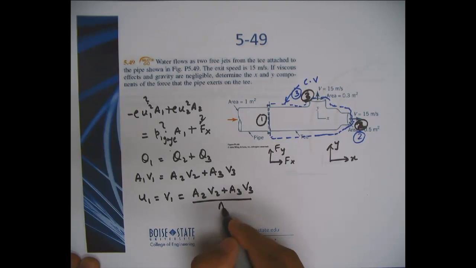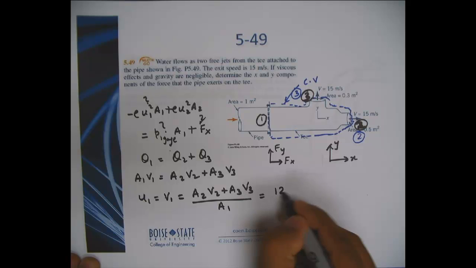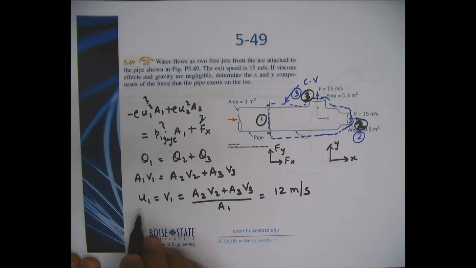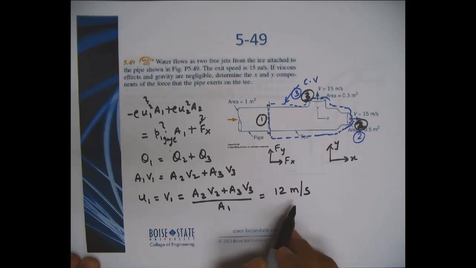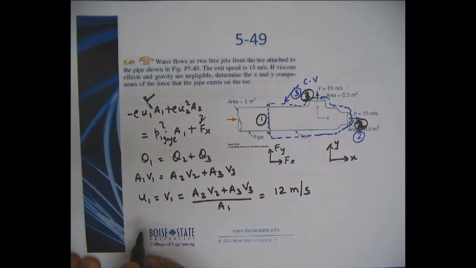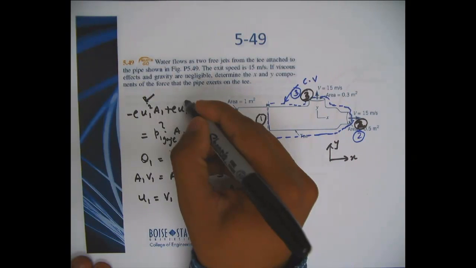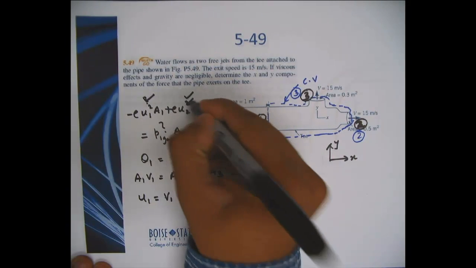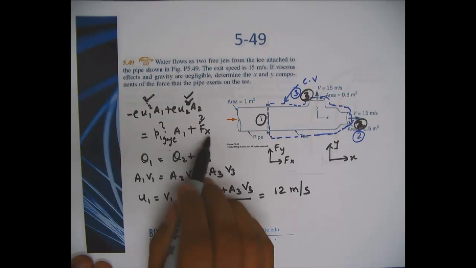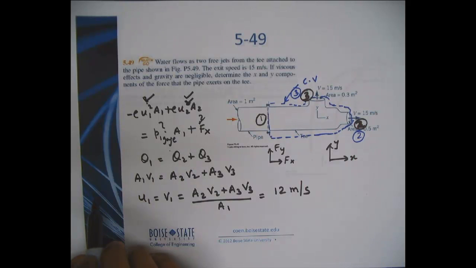I can write U1 or V1, same thing, as long as you get the idea. You know A2, V2, A3, V3, and A1. So if you put in the numbers, you'll determine U1 to be 12 meters per second. So now we know this guy, and we already know this one. But we still have two unknowns, so we have to figure out one of them and then we can solve for the other.